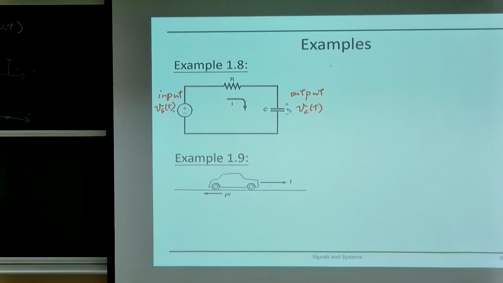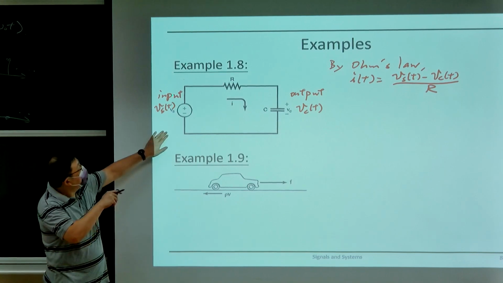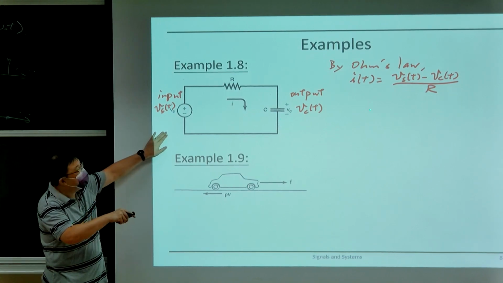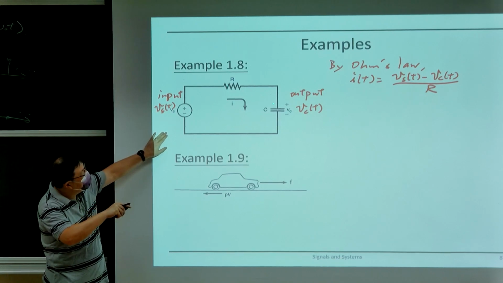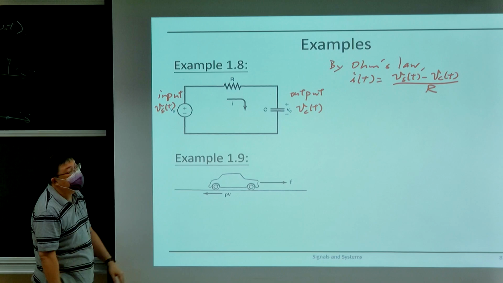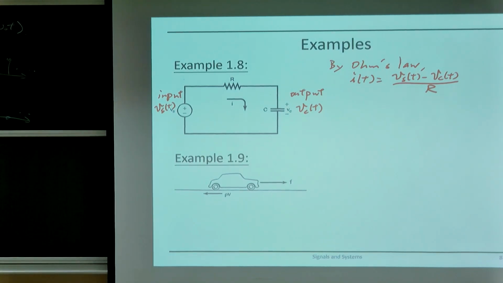By Ohm's law, we know that the current i of t should be equal to (Vs(t) minus Vc(t)) divided by R. So the difference between the voltages, divided by R, characterizes how much current is flowing through the resistor.